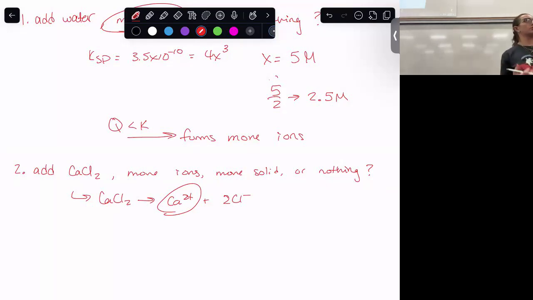So that concentration is going to matter to the Q value. That's going to increase the concentration of calcium, causing Q to become greater than K. And so we need to form more reactants. So more solid is going to form.